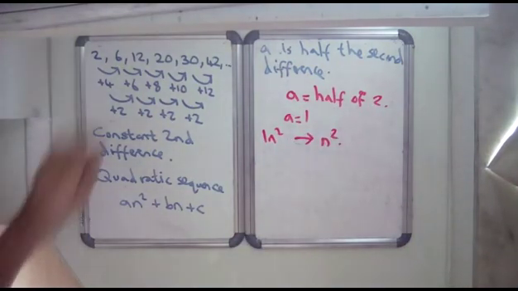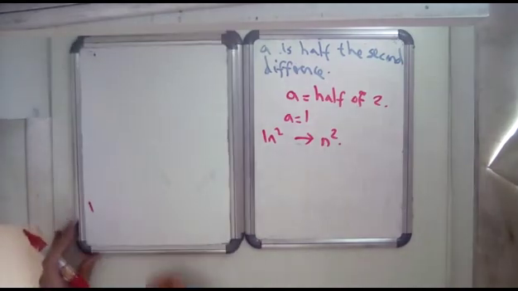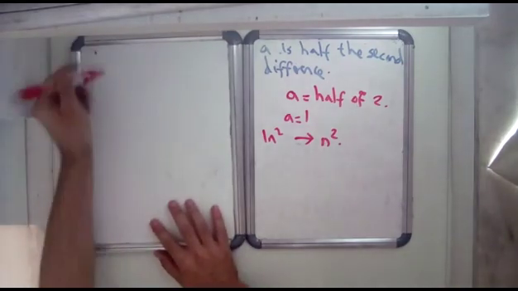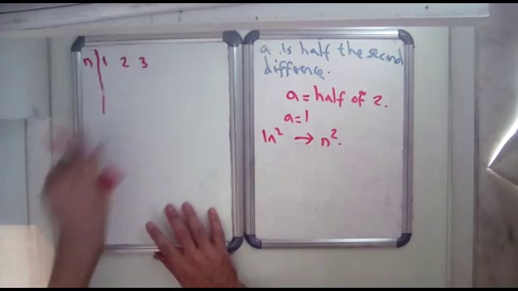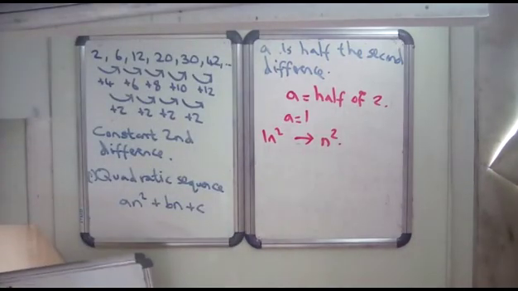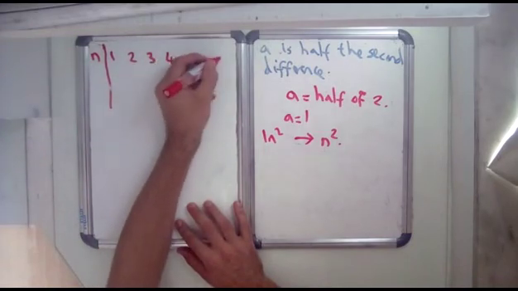So then the next step is to write out the sequence n, and then the sequence n squared, and compare them, because I know it's got an n squared. So let's say I have n, and n could be 1, 2, 3, how many terms do we have? 1, 2, 3, 4, 5, and 6.